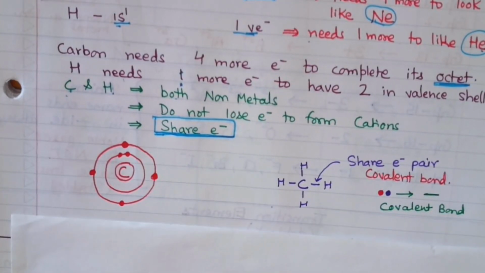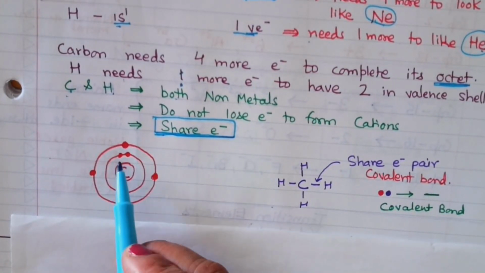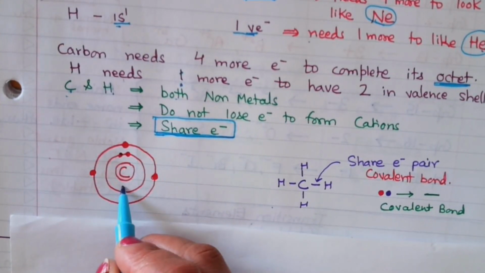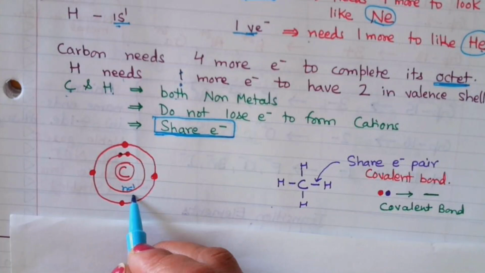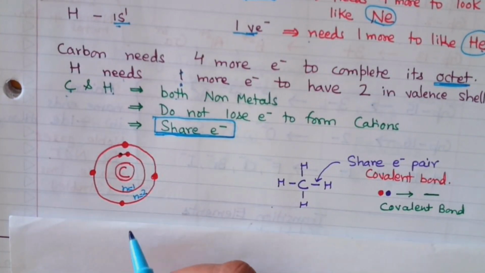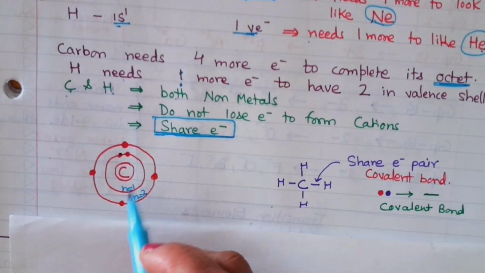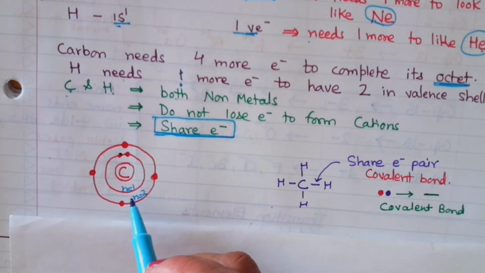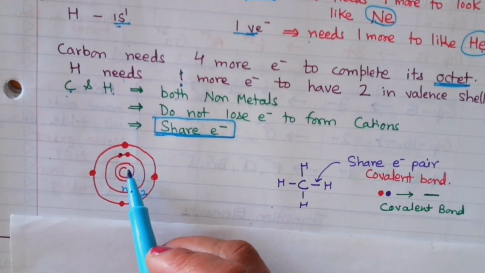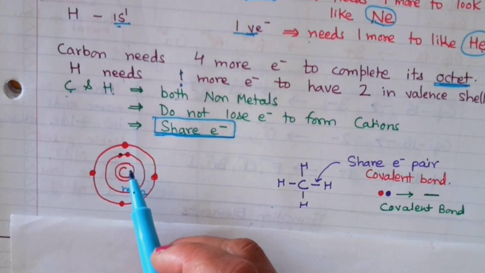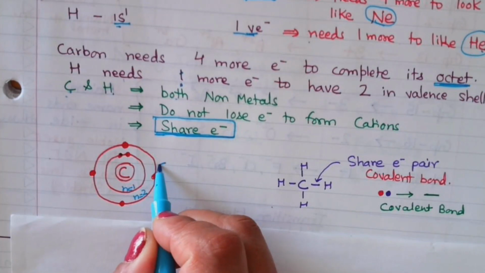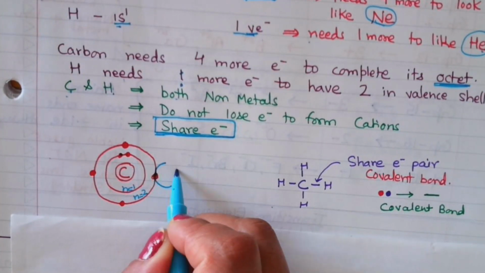Now this is carbon. Carbon has 2 electrons in n equals 1 and 4 electrons in n equals 2. 1, 2, 3, 4. And carbon needs 4 more to get 8 and look like neon, right? So now look what I'm going to do. This is hydrogen.